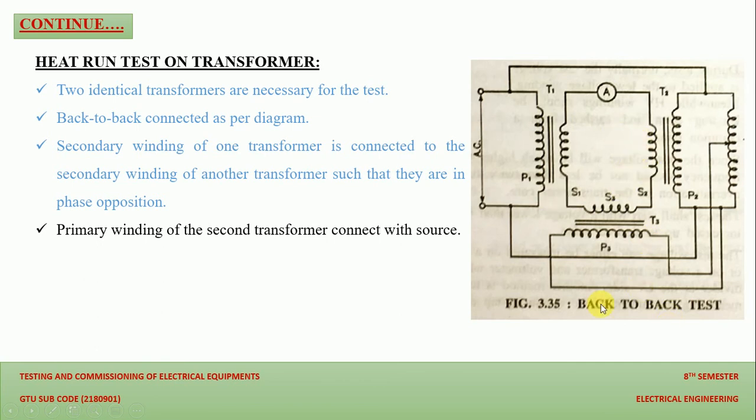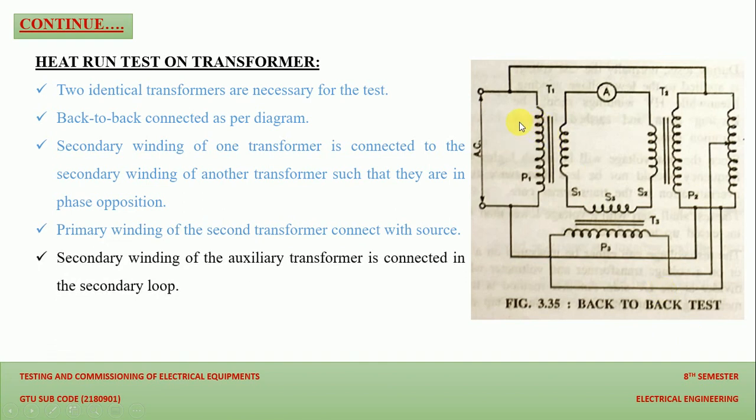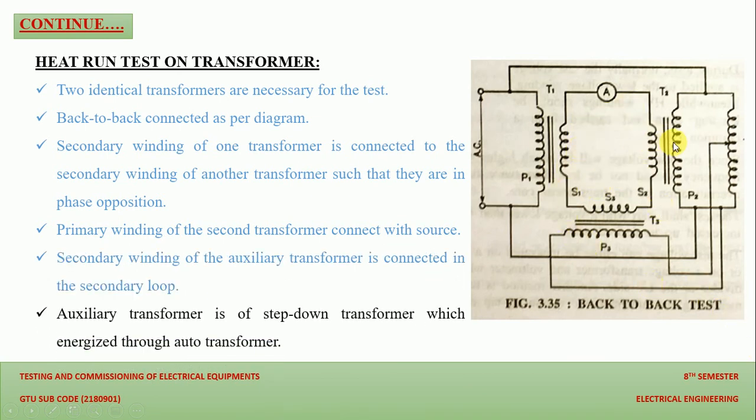Now the primary winding of the second transformer is connected with the source. This is the transformer which is connected with the source. The secondary winding of the auxiliary transformer is connected in the secondary loop, and the auxiliary transformer is a step-down transformer.